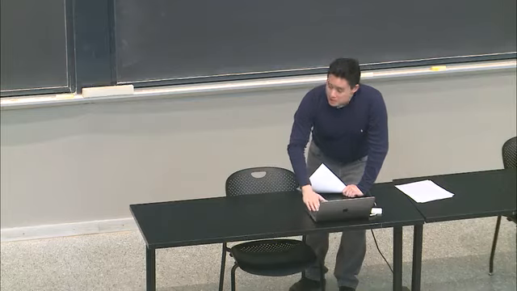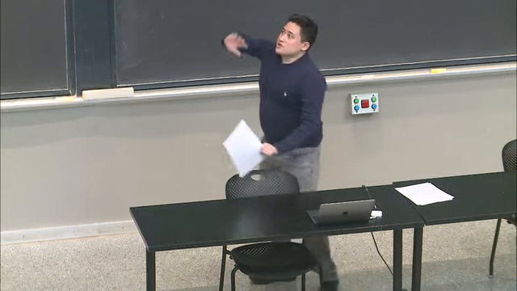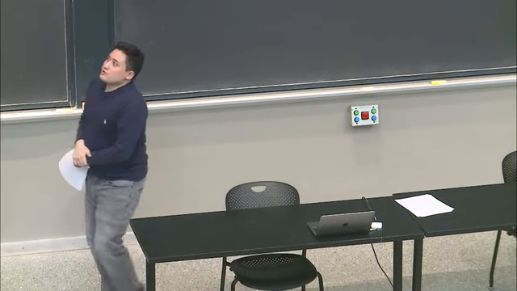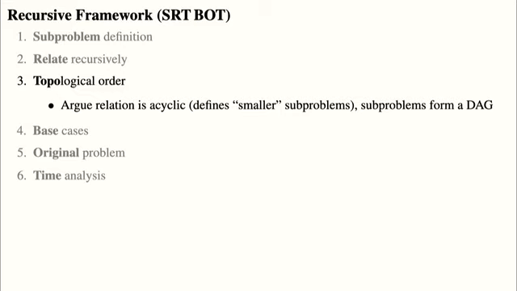Okay? So then, as we were talking about topological order, arguing that the relation is acyclic, essentially just defining what smaller means. When we say we're recursing on smaller subproblems, what does smaller mean? Usually, you're saying that some index or some parameter of my subproblem always decreases or increases. Sometimes that's not always the case.